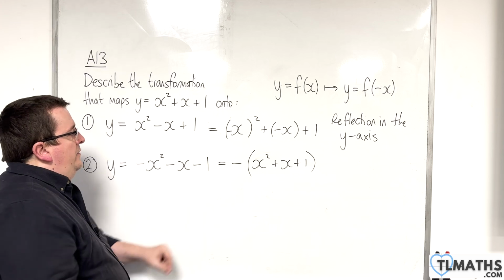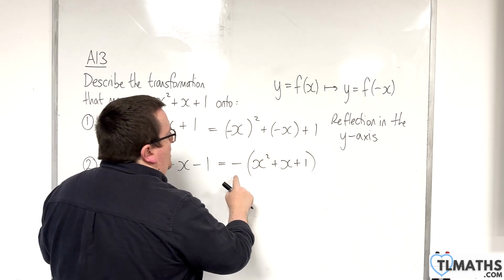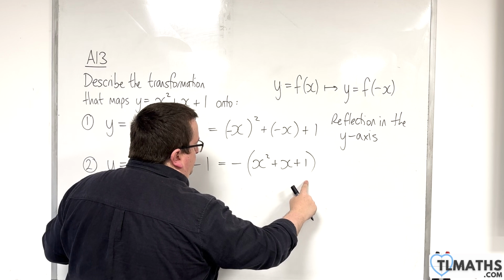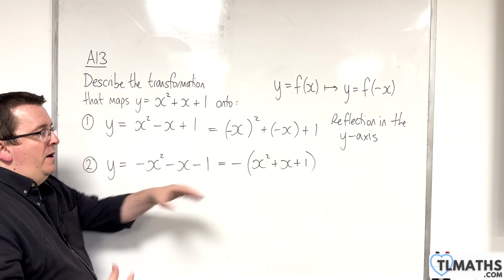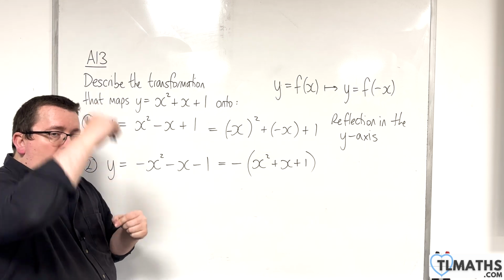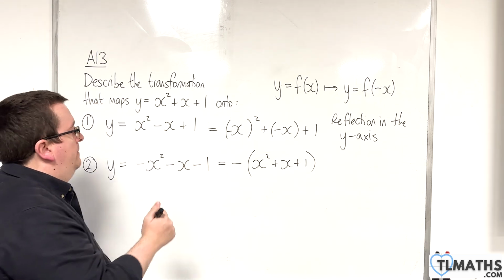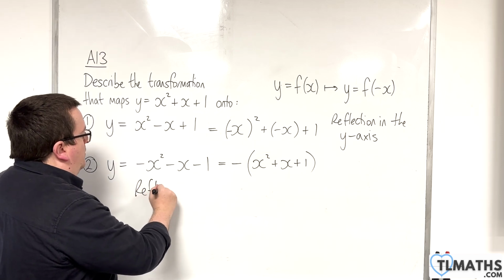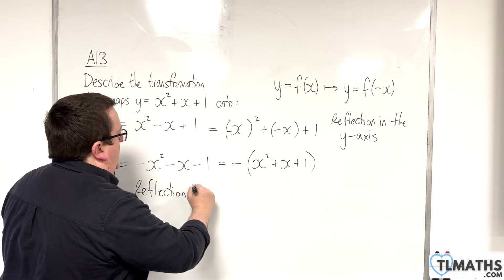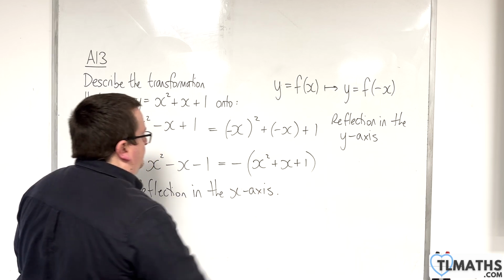Okay? This is your f of x. This is the negative of f of x. So because the minus sign is on the outside, it affects the vertical direction, and that must mean it is reflecting across a horizontal line. So that is reflection in the x-axis. Okay?